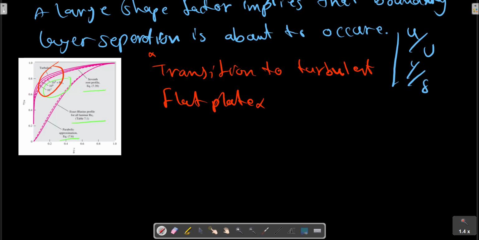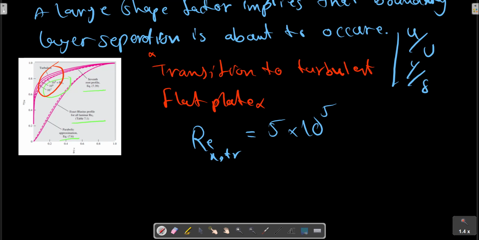By polishing the wall and keeping the free stream quiet, one can delay the transition. The transition Reynolds number, Reynolds x, from laminar to turbulent flow, is 5 multiplied by 10 to the power 5.